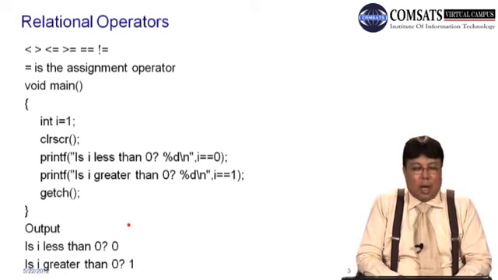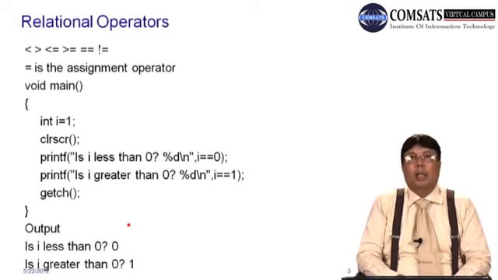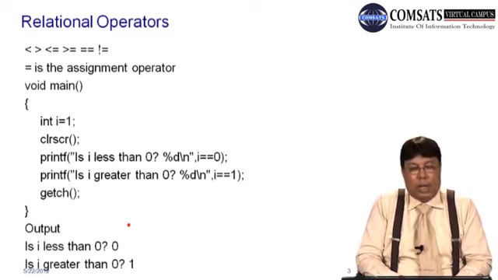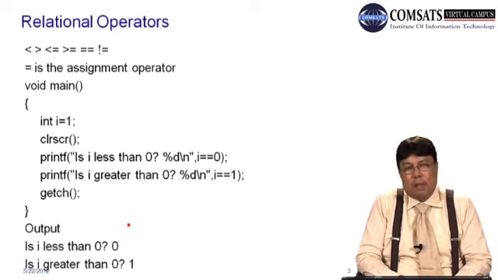Let us take a quick review of this example where I have initialized i equal to 1. Then we have used the clear screen function. This clear screen function is a built-in function of C language that facilitates you to clear the output window.